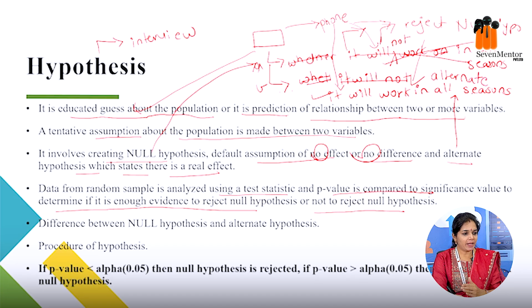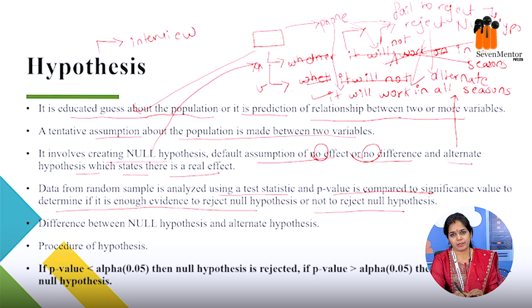In case I get some evidence for my null hypothesis, then I will fail to reject the null hypothesis, and I will reject the alternate hypothesis.